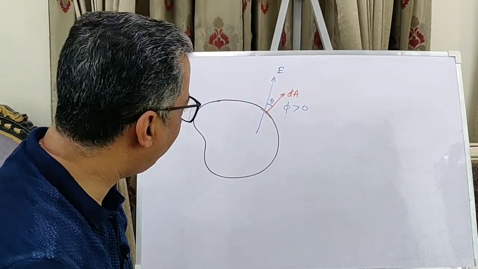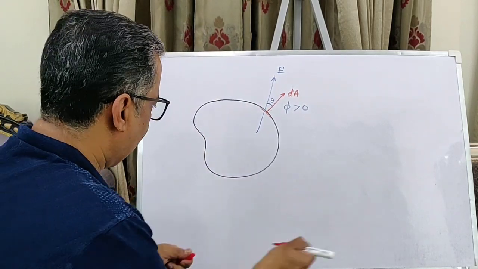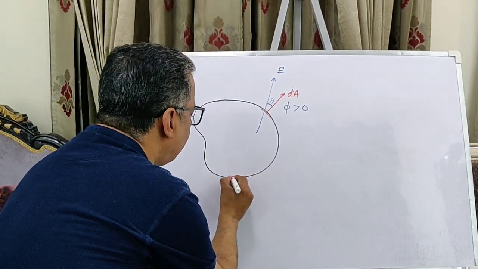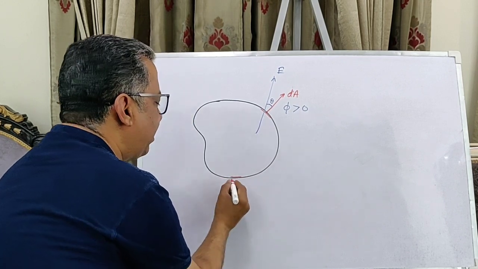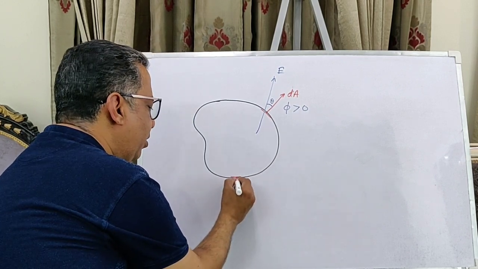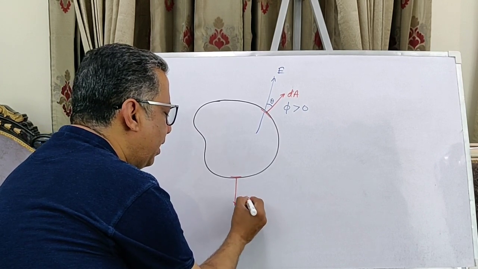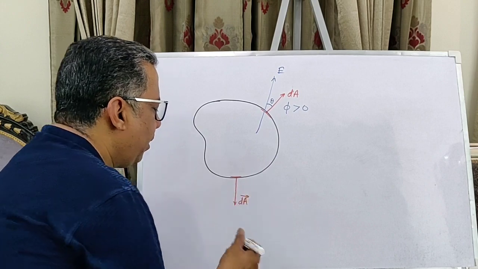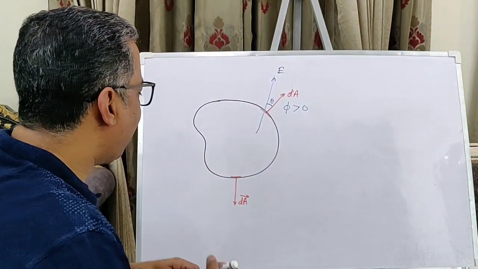Now let's think of another example where we have this area element, which obviously is represented by an outward area vector, but at this location electric field lines are inward.